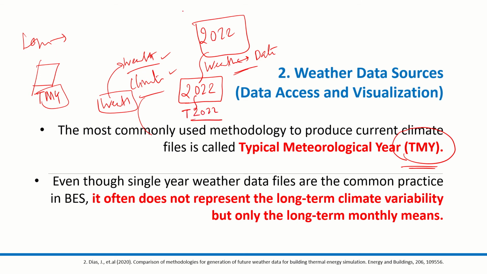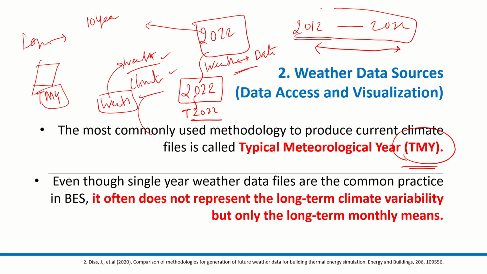What do you mean by that? We'll go back to the last 10 years of data, let's say from 2012 to 2022. A typical month is taken from each of the years from 2012 to 2022. We go back 10 years, and then typical monthly data is taken.